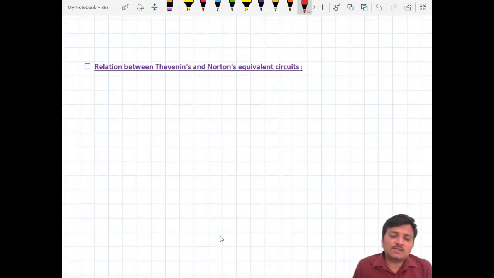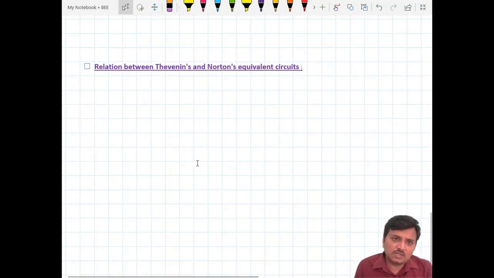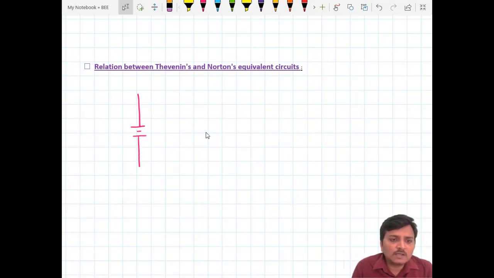Now, at last, I just want to compare both Thevenin's and Norton's equivalent circuits. Right. So first, let us draw the Thevenin's equivalent circuit. So what is the Thevenin's equivalent circuit? It has a single voltage source. What is this voltage source called?